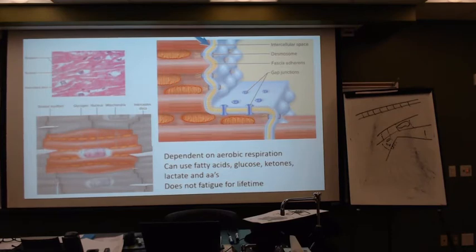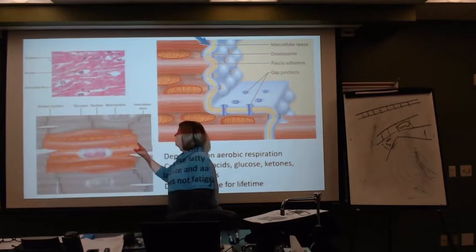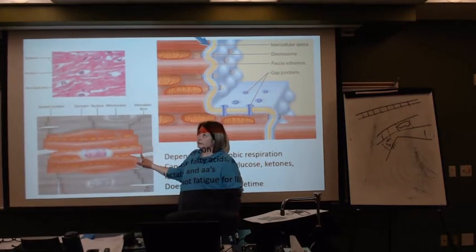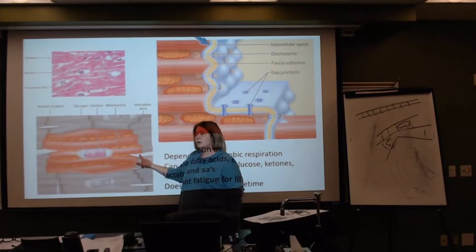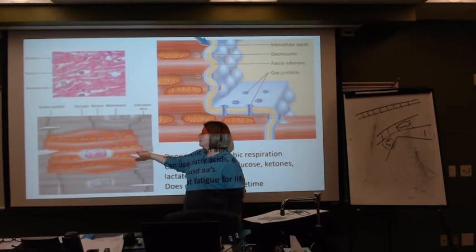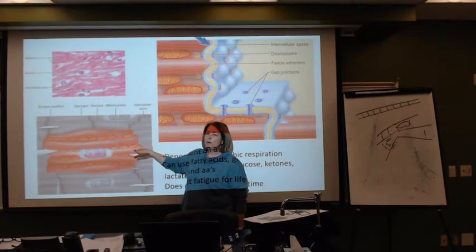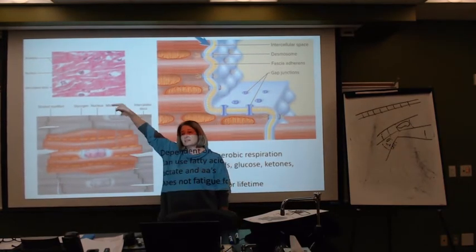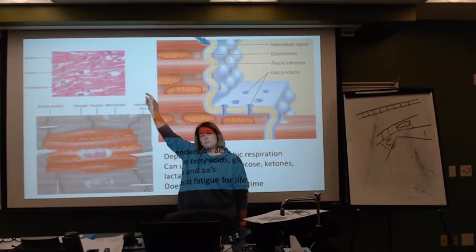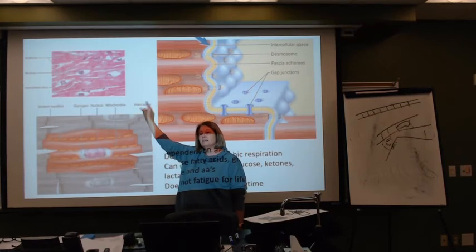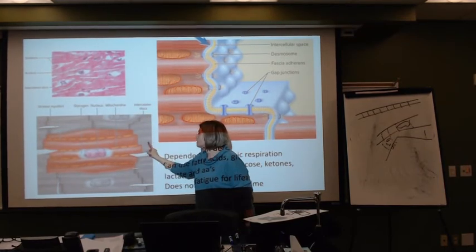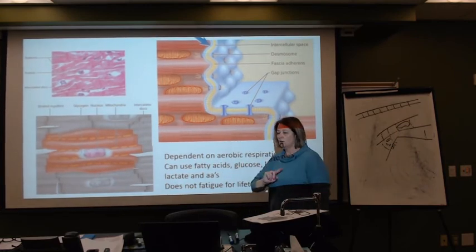Now the goal is to make sure that this one cell with its nucleus, lots of mitochondria, and based upon the intercalated discs, all right, that it can pass that electrical impulse that gets started at my sinoatrial node, okay, that it can pass that action potential cell to cell to cell to cell all the way around.